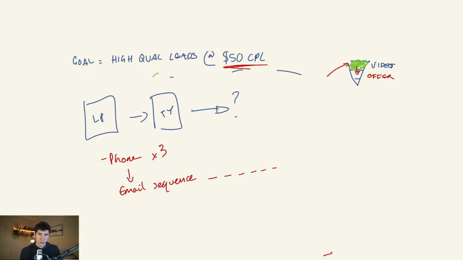So the purpose of this phone call is obviously to convert into a sale. But if we can't get them on the phone call, we put them into an email sequence, and the purpose of this email sequence is to convert them into a phone call. And what we're doing here in the email sequence is providing value.